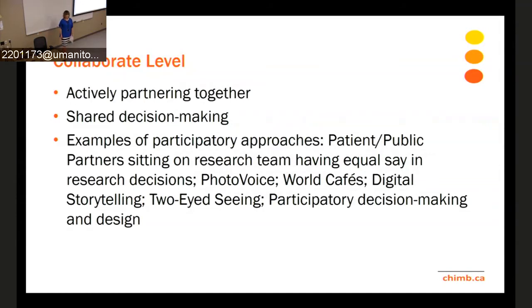Right. Definitely. And one of the other aspects of it too is that patient and public engagement isn't necessarily just about having people with lived experience on a research team. So if you think about you want to engage youth and you want to know what outcome measures are important to them to include in the research study, youth may not want to sit around a table talking to researchers.